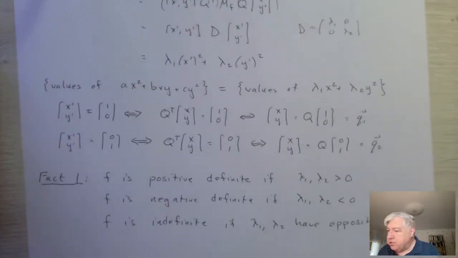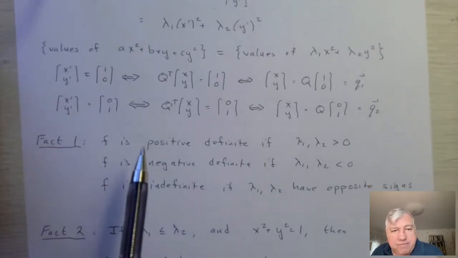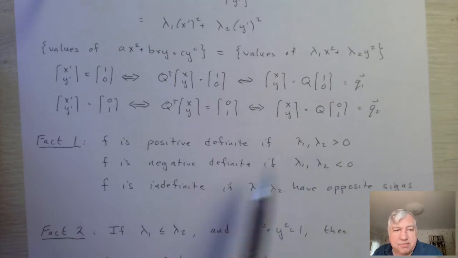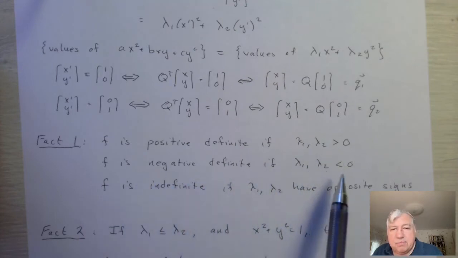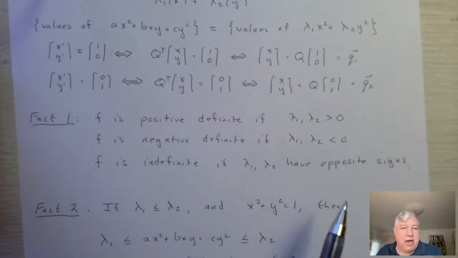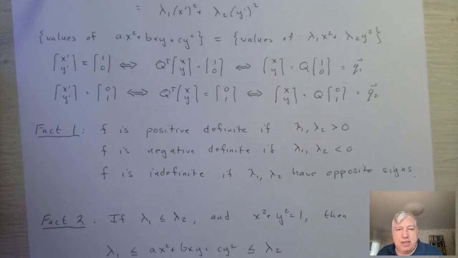All right, so what we've done is prove this first fact: that f is positive definite if the eigenvalues are both positive, negative definite if the eigenvalues of M_f are both negative, and indefinite if they have opposite signs. Now we get something even nicer.